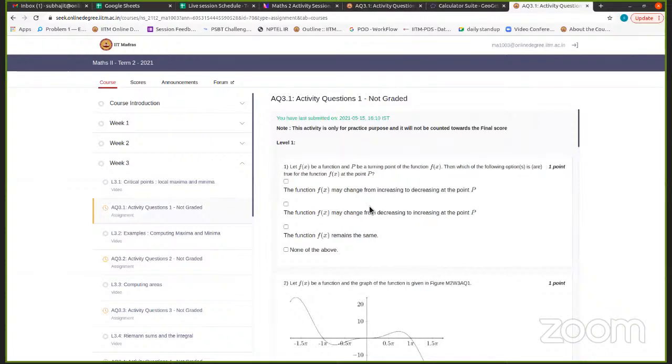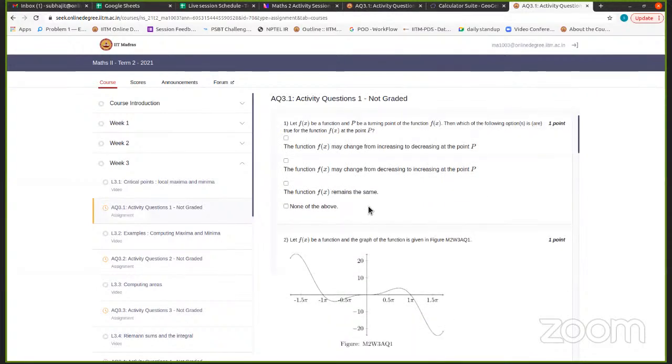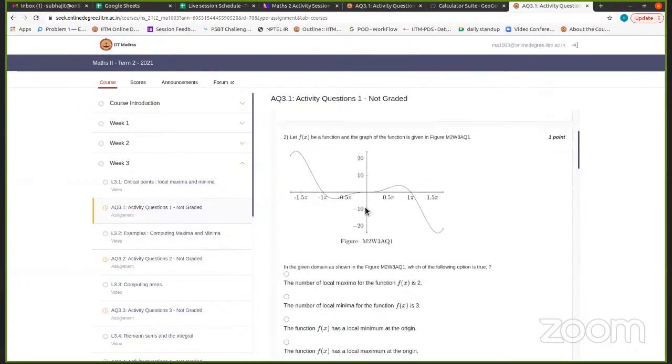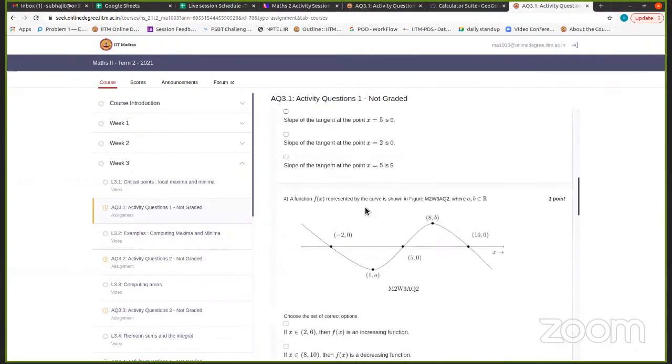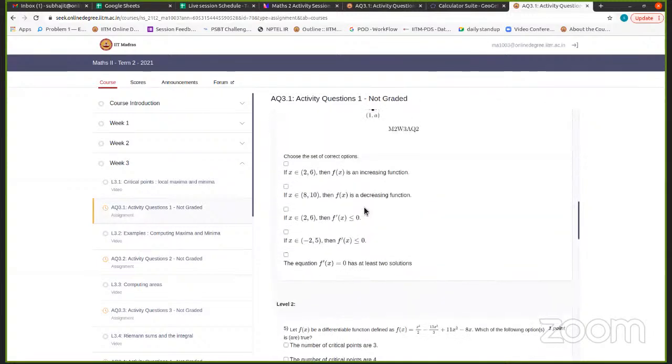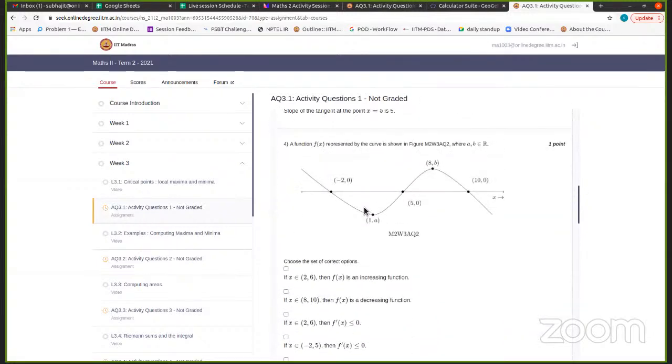What's your doubt? There was a question where a graph is given. This is activity 3.1, right? Can you scroll down a little? Which question? Just scroll down. Yes, this one, the fourth one. Here we are considering this part of the graph.